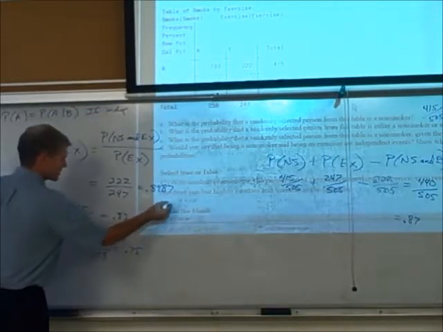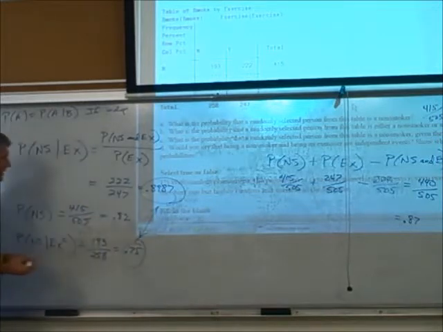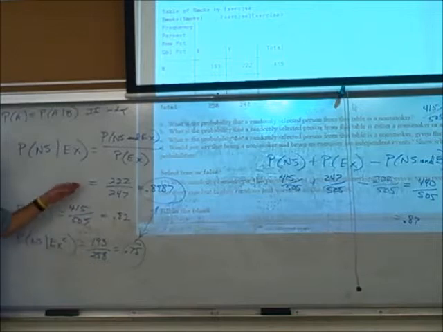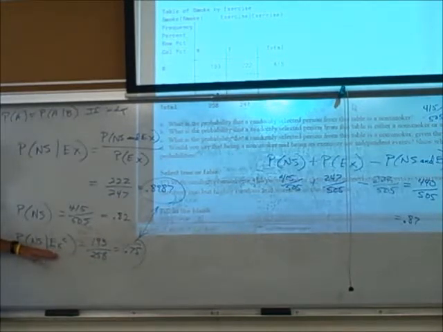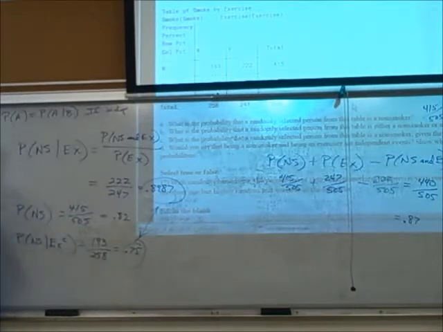And now you compare these two numbers, and you see they're pretty different. So the proportion of exercisers who don't smoke is about 90%. The proportion of non-exercisers who don't smoke is 75%. That's a big difference.